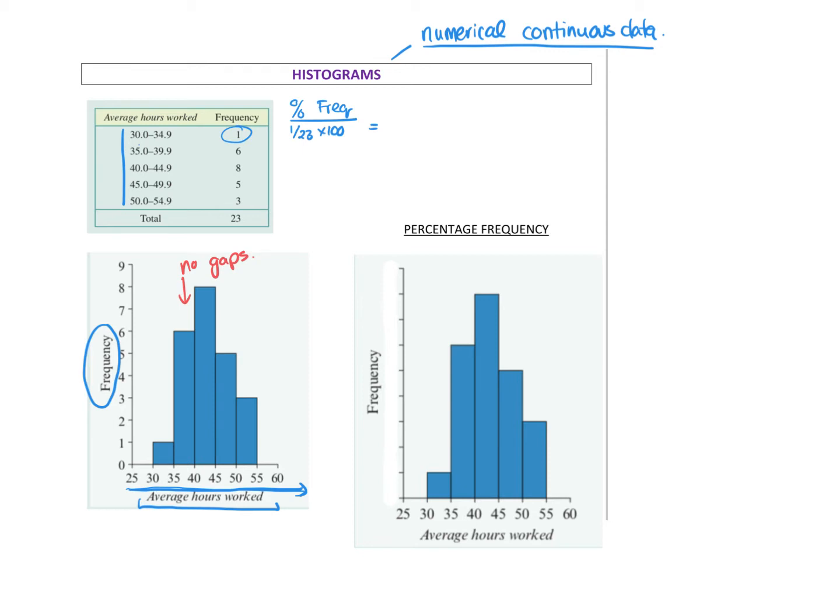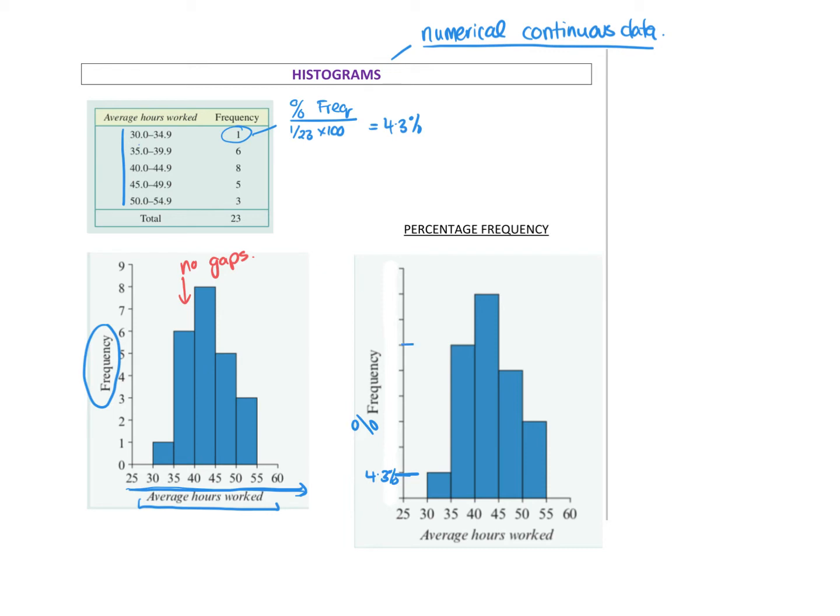You can also have a percentage frequency, so I just wanted to change this. If we were to have a percentage frequency, we could change it, and we'd have a table, 1/23, so this ends up being 4.3%. So this would marry up with 4.3%.